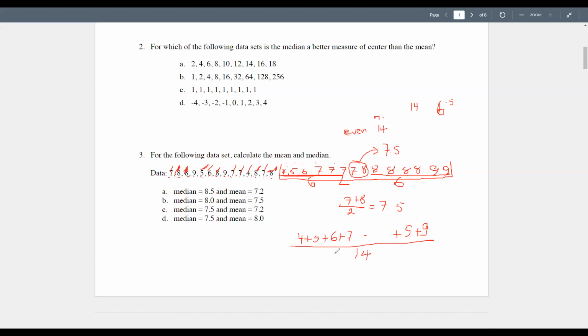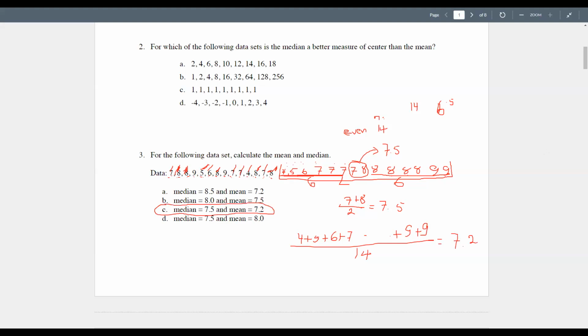Okay, so that I can get the answer. All right. So anybody can tell me how much this one is? You give 7.2? Thank you, 7.2. So the answer should be C.